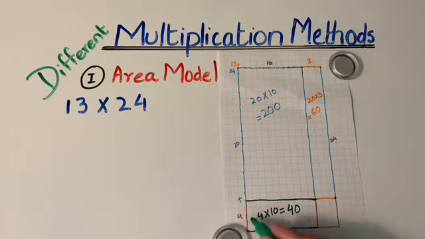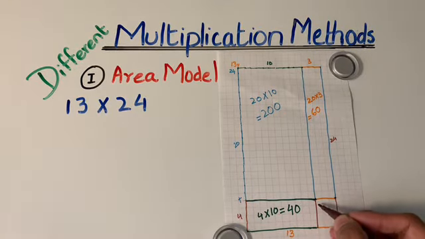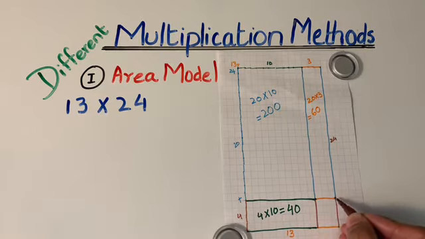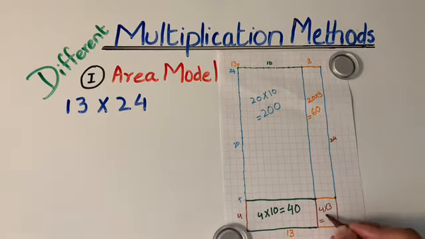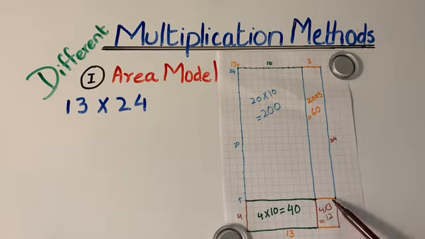So this area is 40. Now the last section, which has 4 and 3. So 4 times 3 is equal to 12. So 12 is the area of this small section.